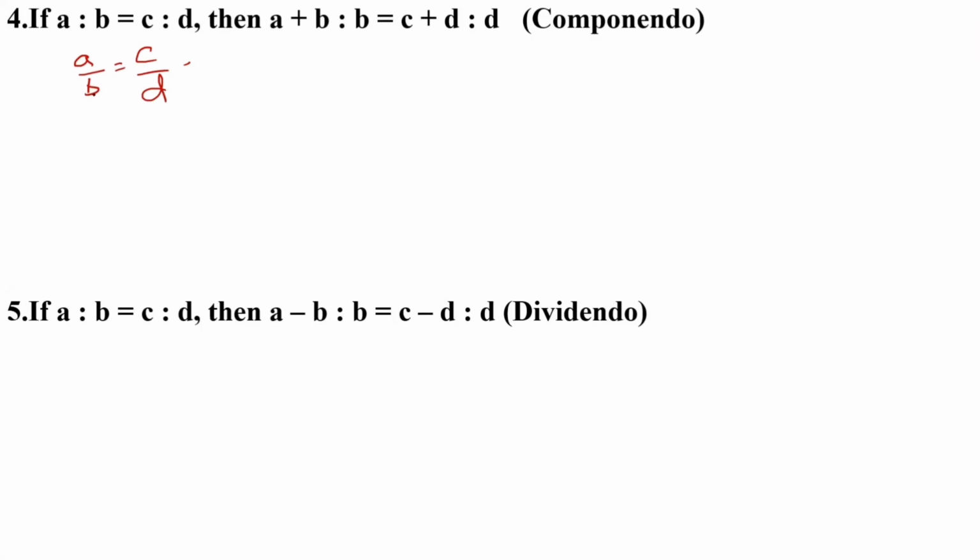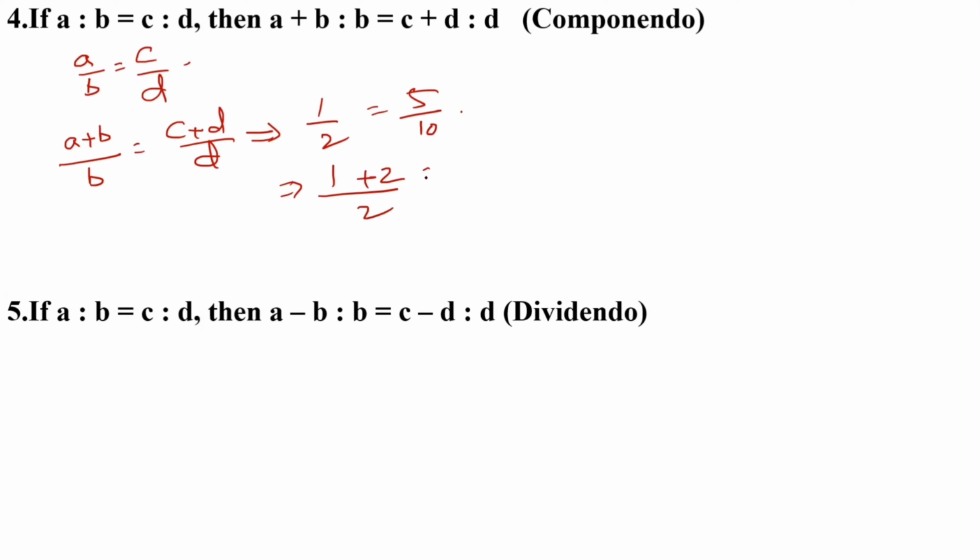Then by componendo we can write A plus B, means consequent we can add, by B, then C plus D by D. If 1 by 2 is equal to 5 by 10, then 1 plus 2 by 2 is equal to 5 plus 10 by 10. 15 by 10, 3 by 2. 3 by 2 is equal to 15 by 10, means 5 2s are 10, 5 3s are 15. So 3 by 2 is equal to 3 by 2.